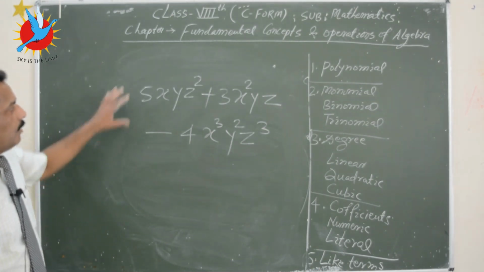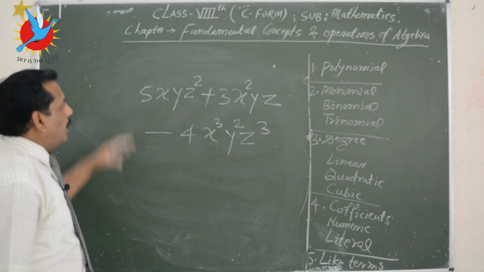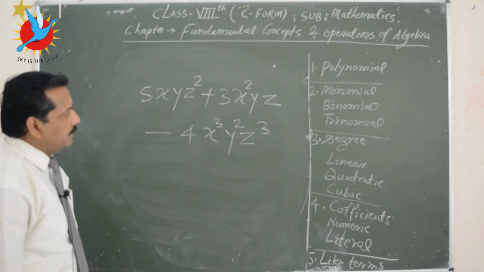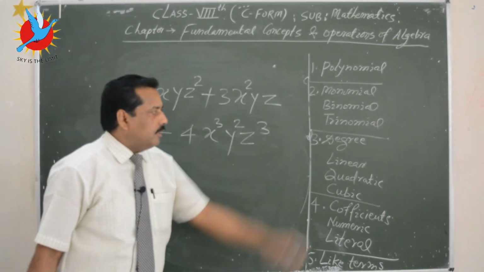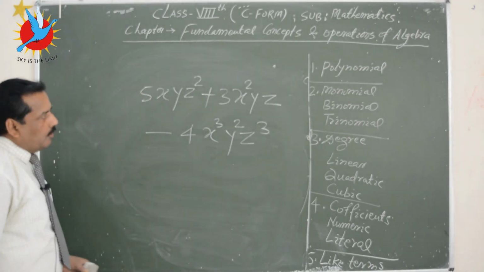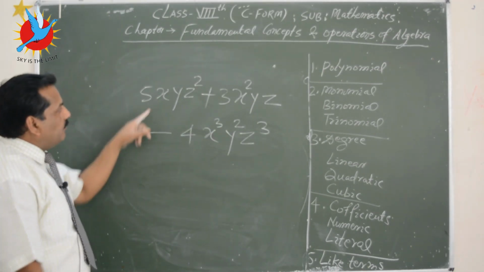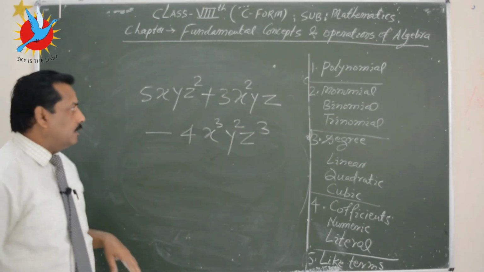So how many terms are there? 1, 2, and 3. This is a trinomial, and this is a polynomial because powers are non-negative integral powers, and we have to identify the degree of this polynomial. This is a polynomial in 2 or more variables. How many variables are there? x, y, z. Three variables are there.